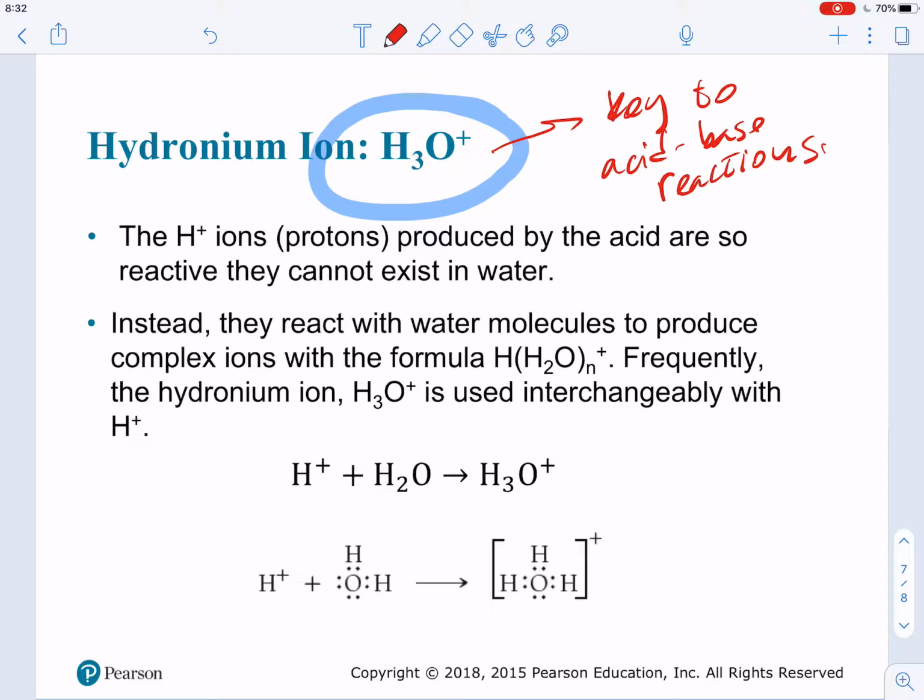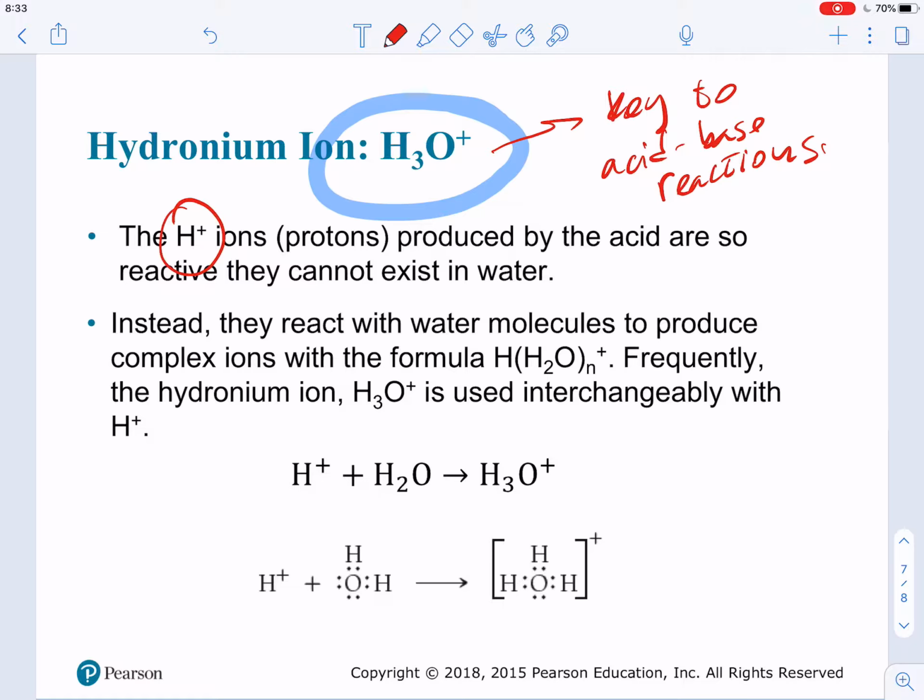Okay, and the reason is that this hydronium ion that we're gonna see very commonly in acid-base reactions comes from the fact that whenever you are transferring those protons, those hydrogens, they are being transferred in the form of H plus ions. However, this H plus ion is very special because it's very, very reactive.